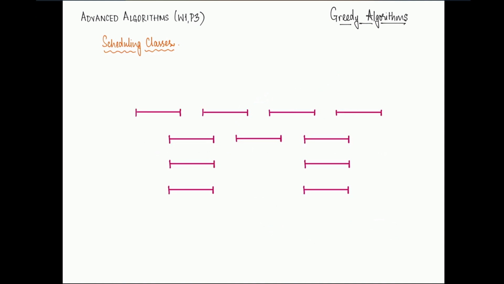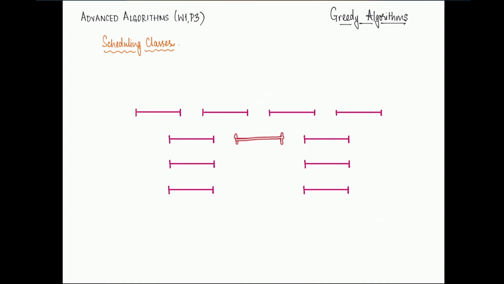So here is an instance which consists of 11 classes laid out in this fashion. And to appreciate what greedy would do on this instance, let's actually write out how many classes each of these classes conflicts with. So for example, this class right here in the middle conflicts with two other classes, which are the ones right here.